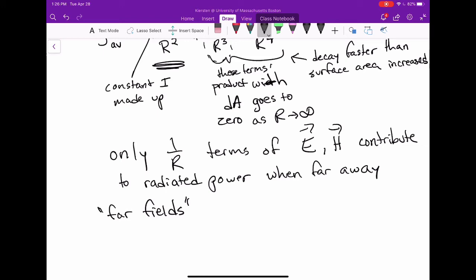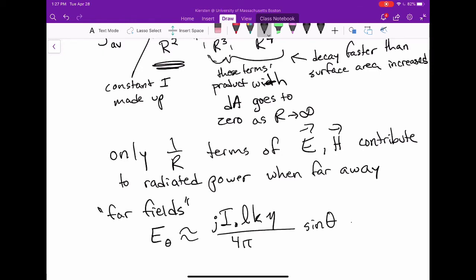If you're in the far field, then the electric field has only a theta component, and the theta component term that counts, and this is for a Hertzian dipole, is j I naught L k eta over 4 pi times sine theta times e to the minus j k r over r.